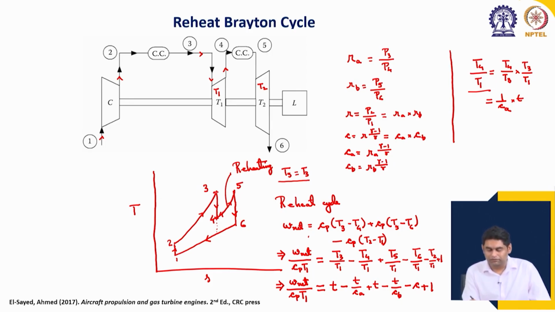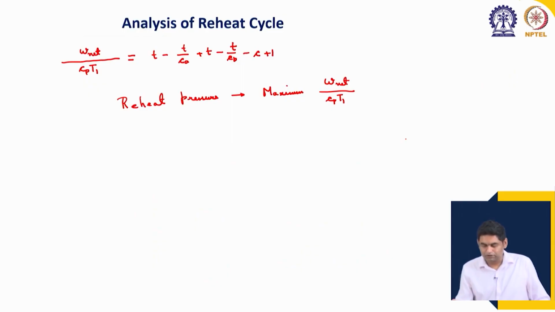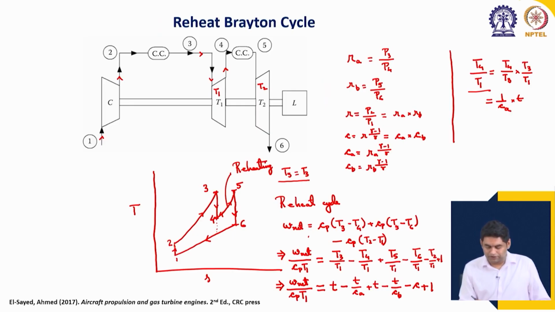So, T3 by T4 we have seen that this is equal to C A and T5 by T6 is equal to C B. Okay. So, we want to know how we should divide this C into C A and C B. To do that we can take a derivative of this term W net by CPT1, assuming constant temperature ratio and constant overall compression ratio.